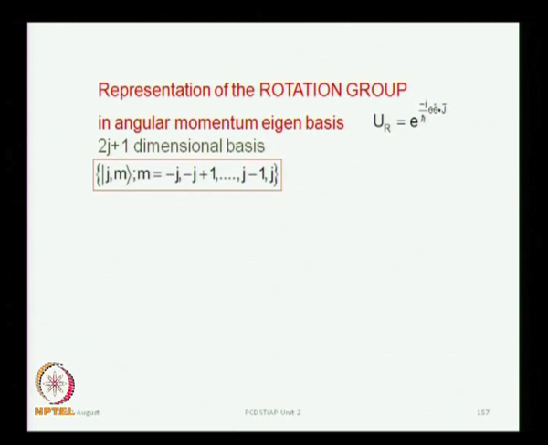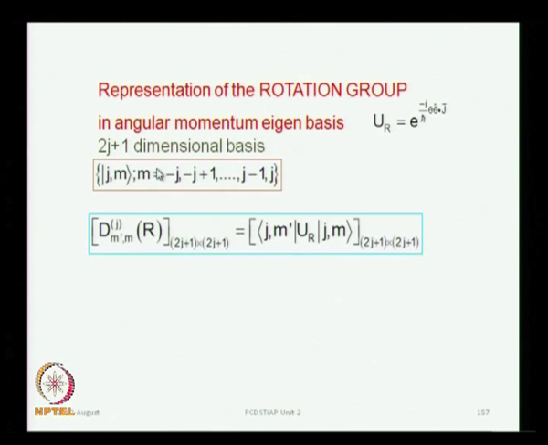So, you already know what the rotation operator is. This is the exponential form of the rotation operator. This will be expressed in a basis which is an eigenbasis of the angular momentum j, which will be a 2j plus 1 dimensional basis. So, the matrix will be a 2j plus 1 times 2j plus 1 matrix, and each matrix element is the matrix element of the rotation operator in these angular momentum eigenstates.